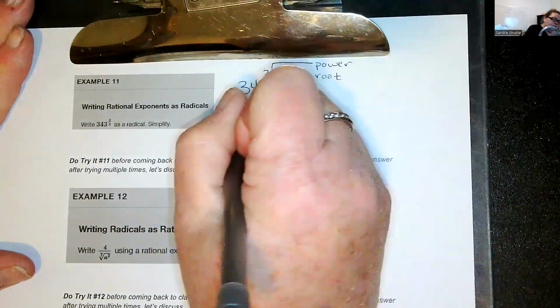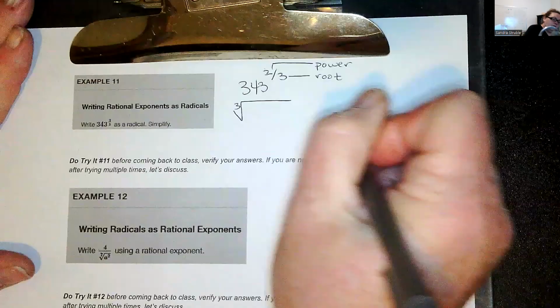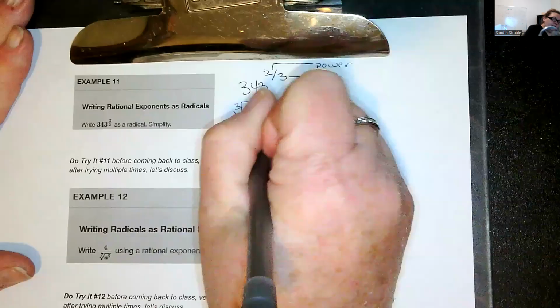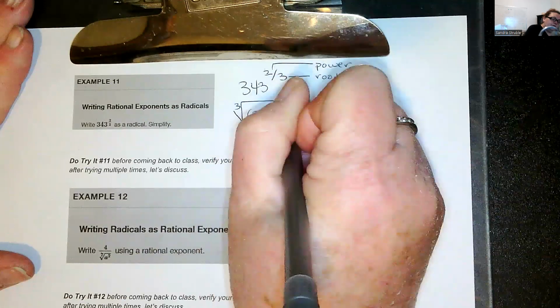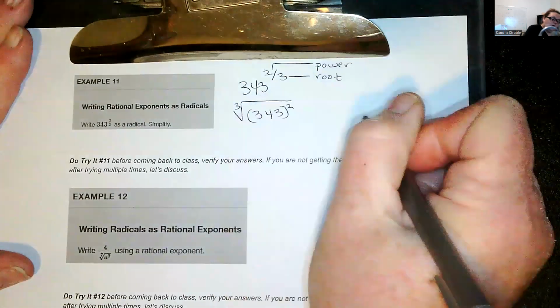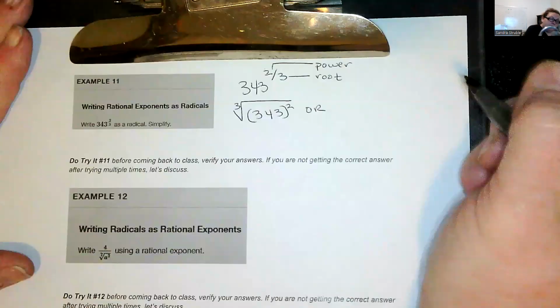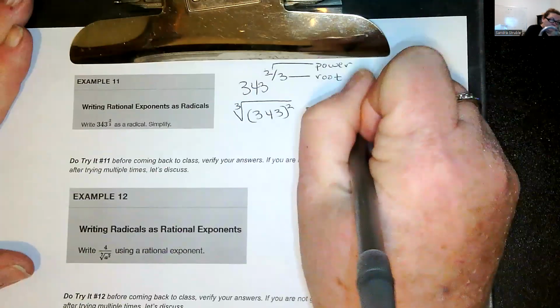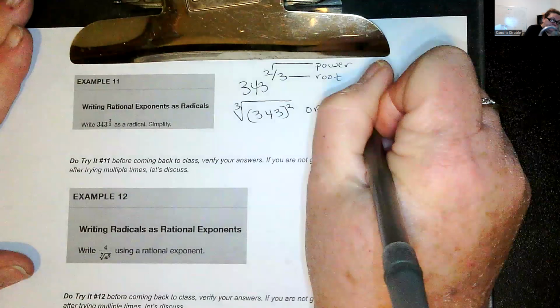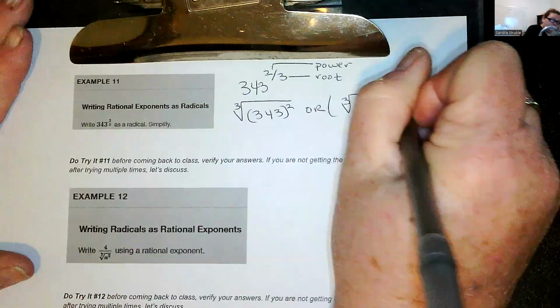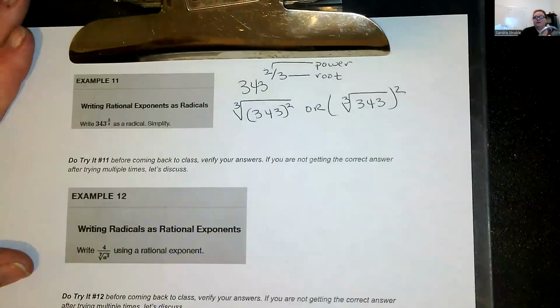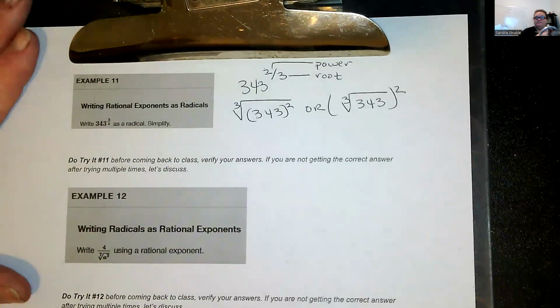So I'm going to go cube root of 343. And now you could put it like this, or you could put it the other way, which I like to do, because it deals with smaller numbers. And this makes more sense to me.